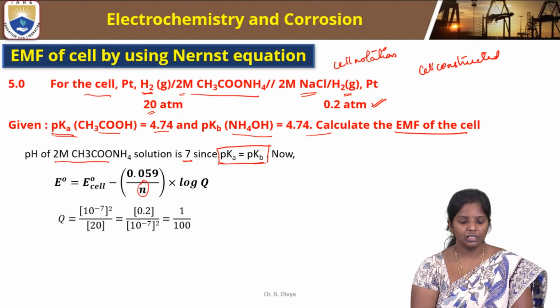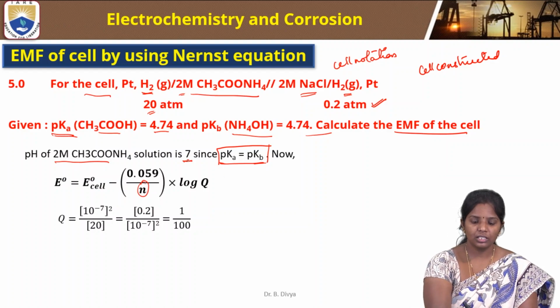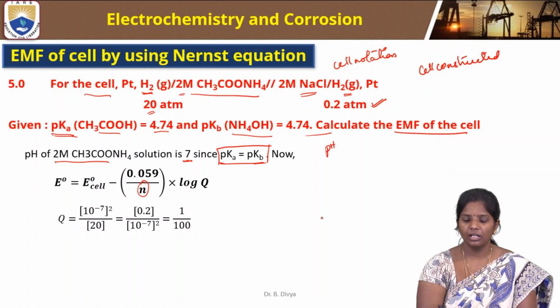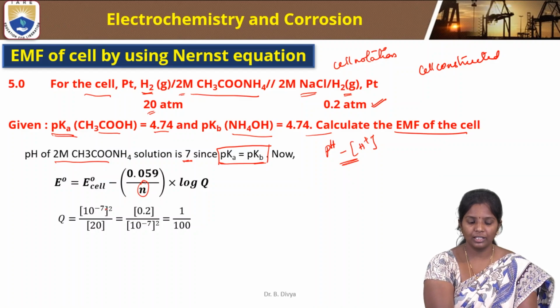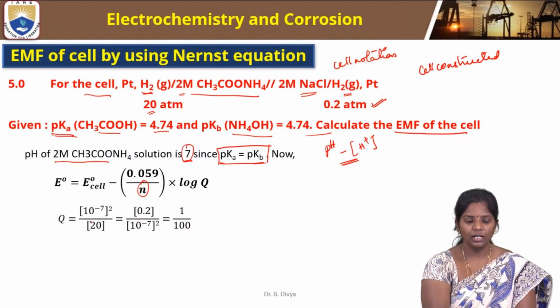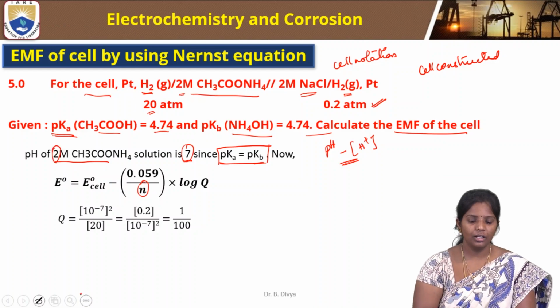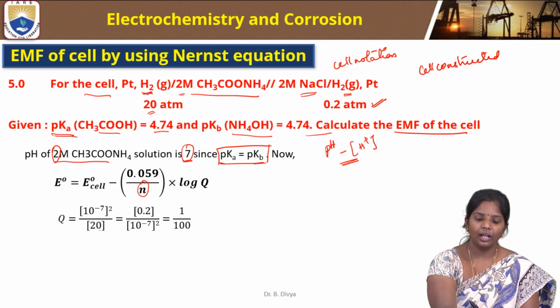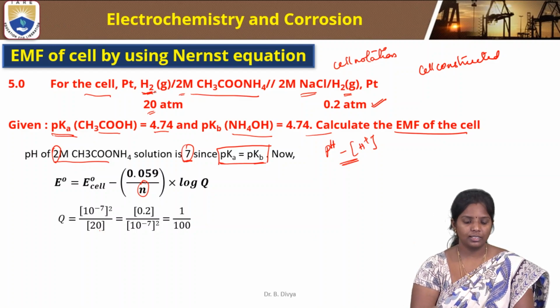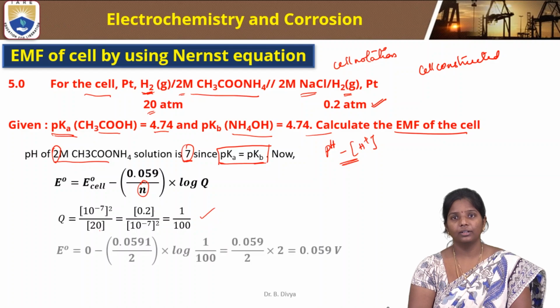So what is the product that is forming here? pH is nothing but the negative logarithm of H plus ions, so we take 10 power minus 7, squared because it is 2 molar, and divided by 20, the hydrogen pressure that is supplied. So 0.2 by 10 power minus 7, squared, we get 1 by 100.